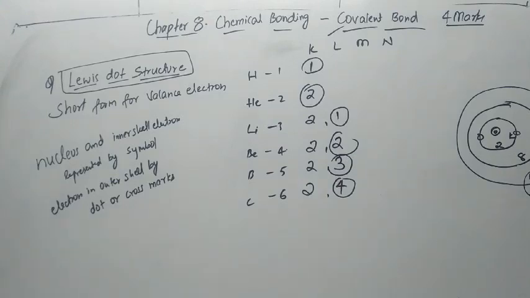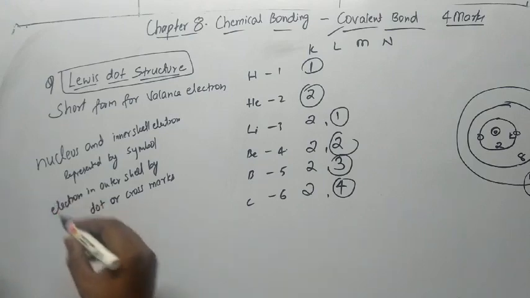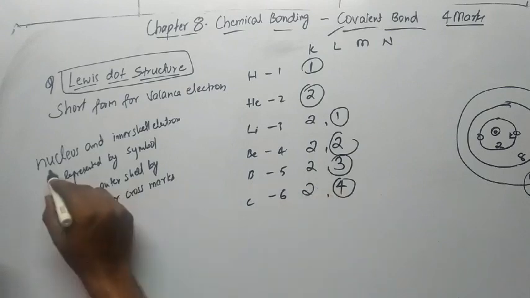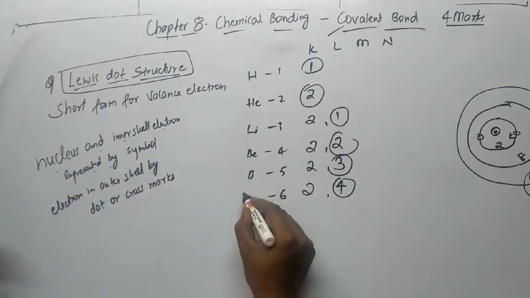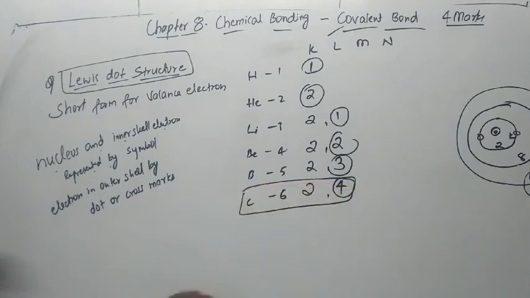So this concept was proposed by, okay, wait. So in the 18th century, this concept was proposed by G.N. Lewis. Okay, so he proposed this theory, and he said that the nucleus and the innermost electrons are represented by the symbols. Okay, we will take the example of carbon.